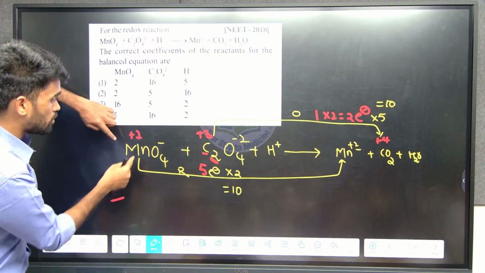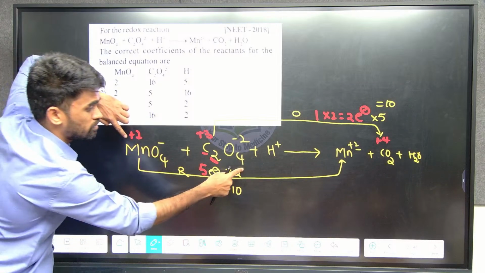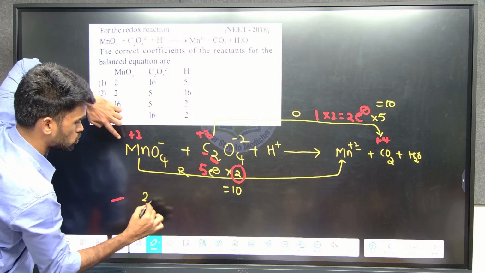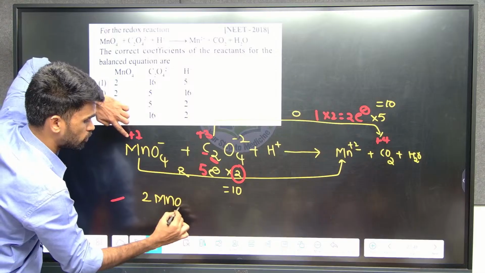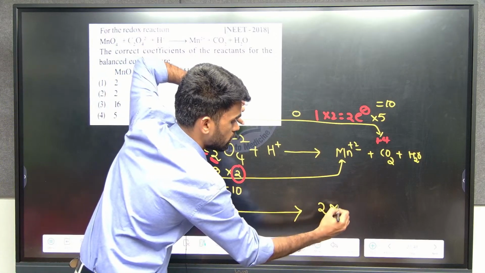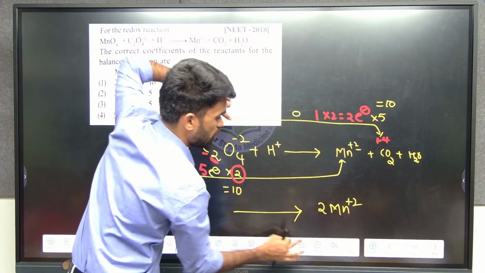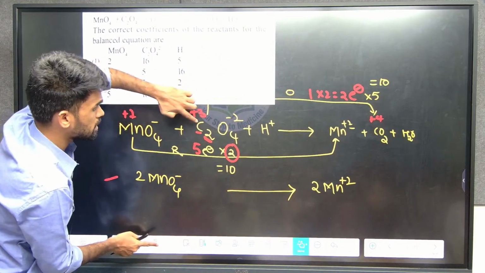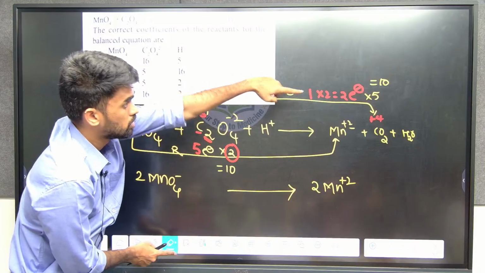So you are multiplying this permanganate equation with what? 2. So it becomes 2 MnO4 minus giving 2 Mn 2 plus. After doing this equation with which number? 5.